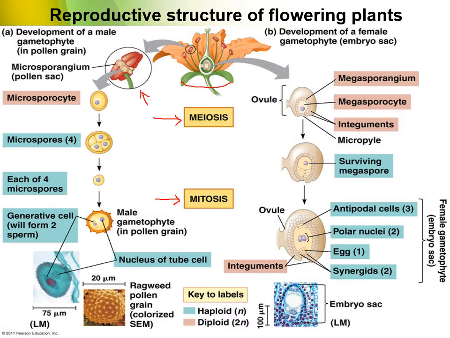This is an ovule. An ovule is one of the female reproductive parts in a flowering plant. There's a megasporangium there, and inside the megasporangium, there's a megasporocyte.